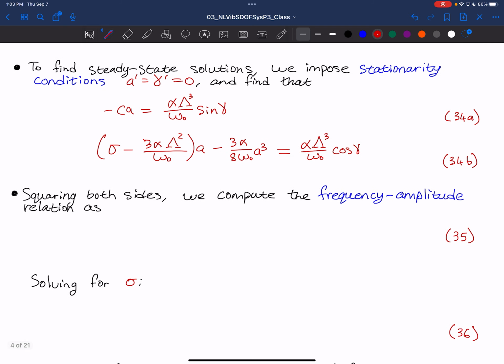We're going to square both sides and then add them together to eliminate the trig functions with respect to gamma.